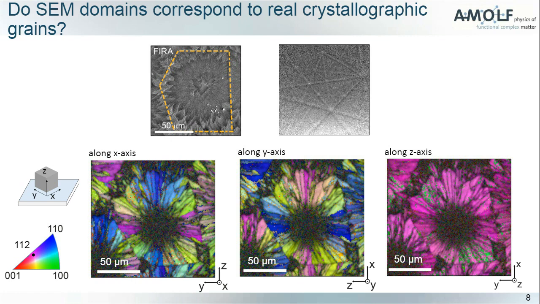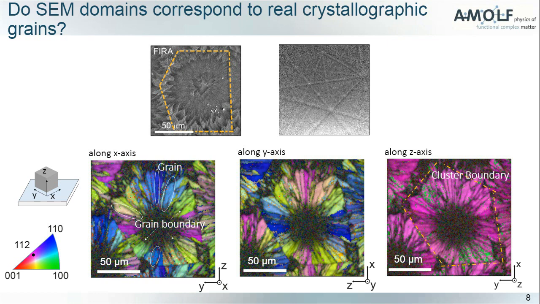But along the X and Y axis, you have different colors which correspond to different crystallographic orientations. So from here, it's quite clear that this is not really one single grain, but there are many grains, and there are also some grain boundaries in between those small grains. So we can say that this is not really a grain, but we call it a cluster, which is made of many grains.